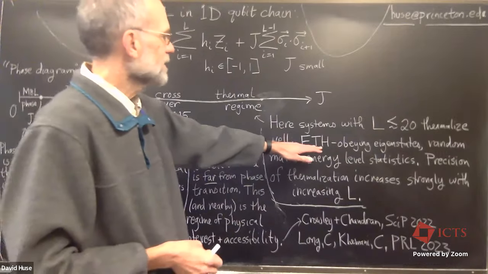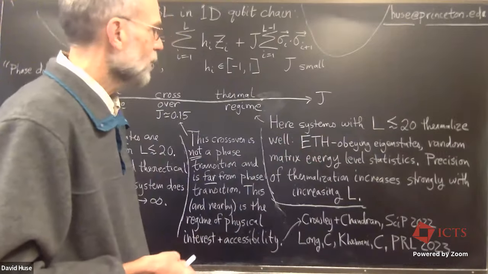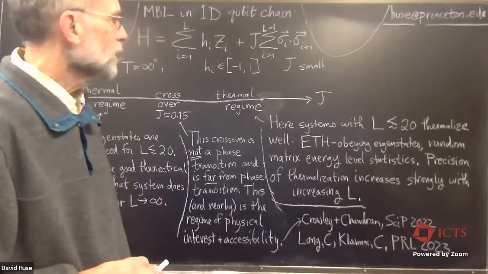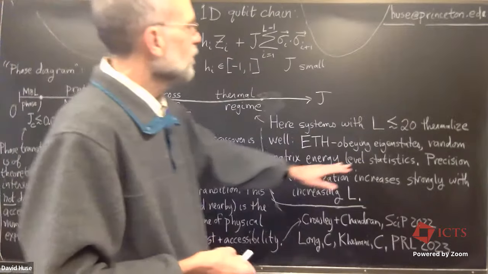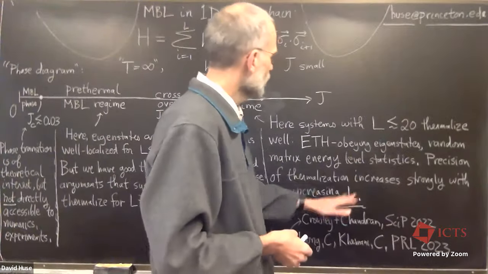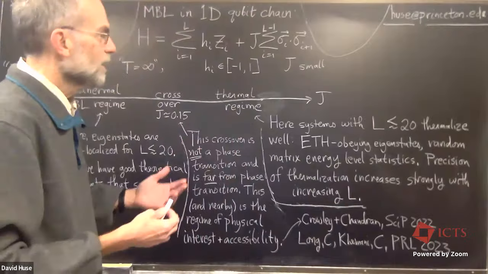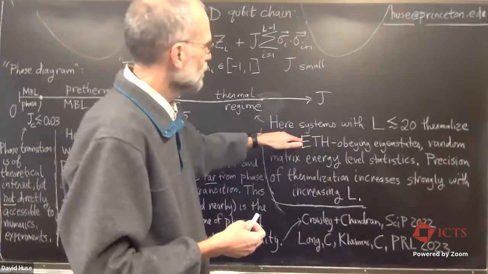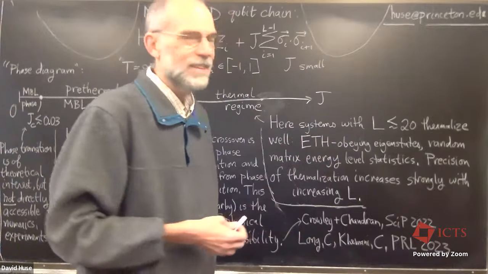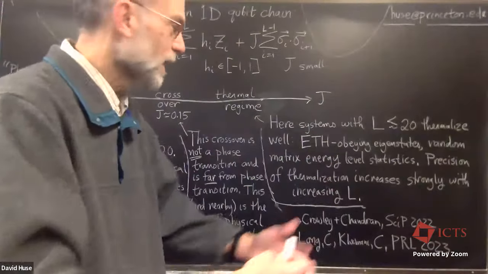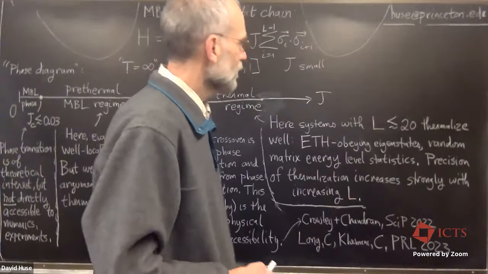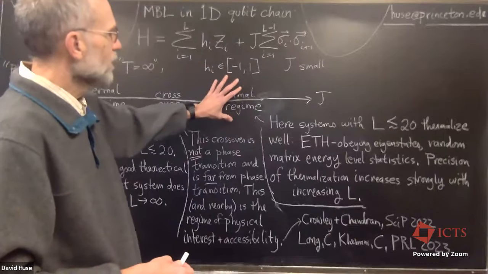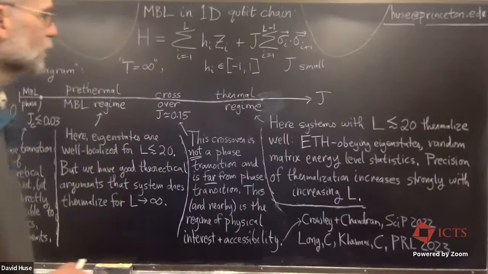The eigenstates obey ETH rather well. The energy level statistics are very close to random matrix. And the precision of this thermalization increases strongly as you go to larger L: eigenstates obeying ETH and random matrix level statistics get rapidly better as you increase L. So the evidence for thermalization over here is very good.